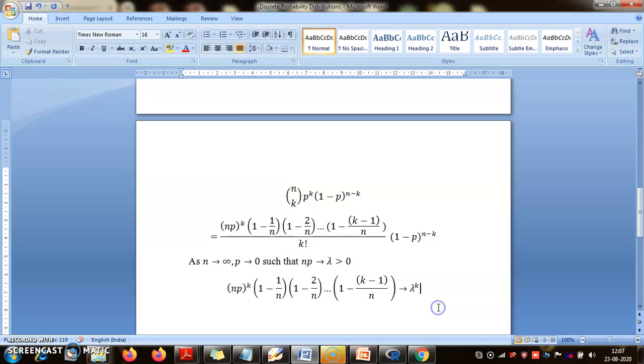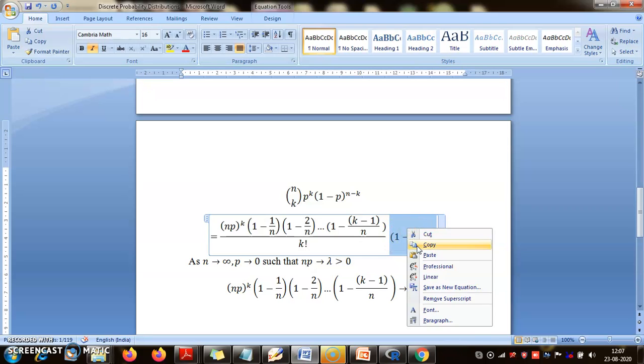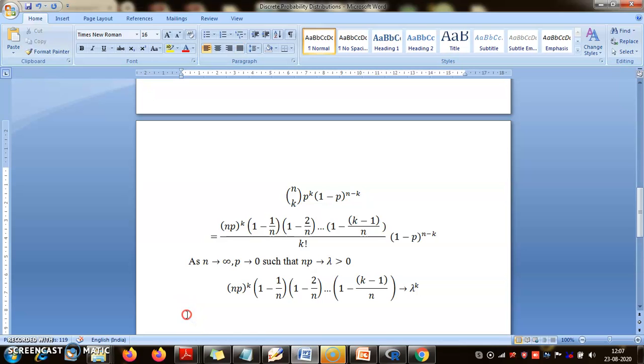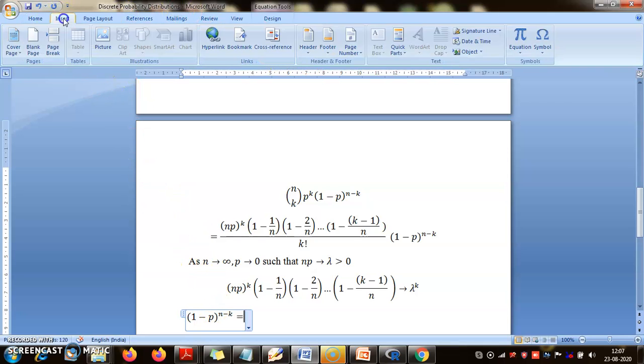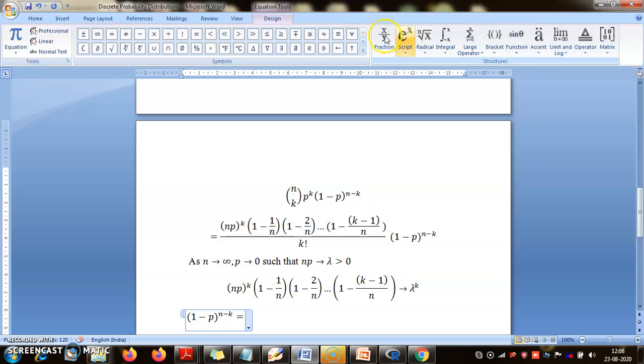One term is, so I can write this equal to, I hope you can see this, but let me still do everything.